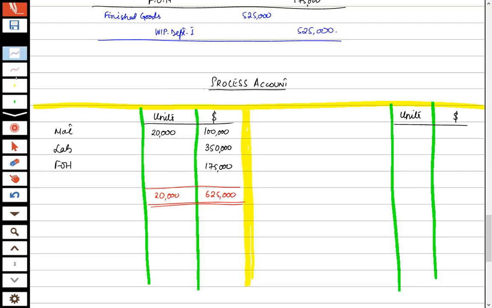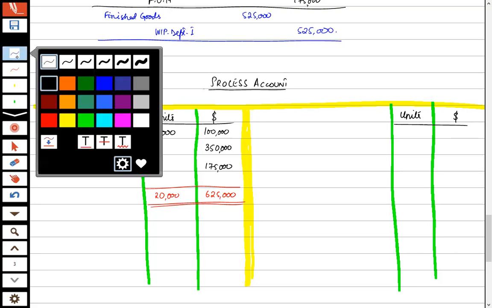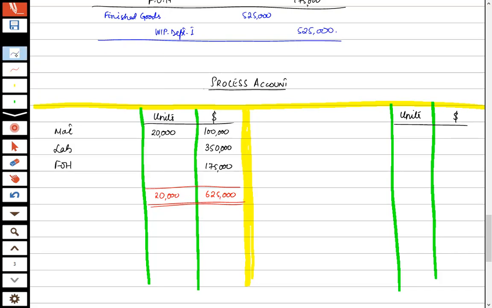Now what happened? We make some of the goods, finished goods, and transfer them to the finished goods department. Means our process account is credited. This process account will be credited with the finished goods, or we may call it the output.